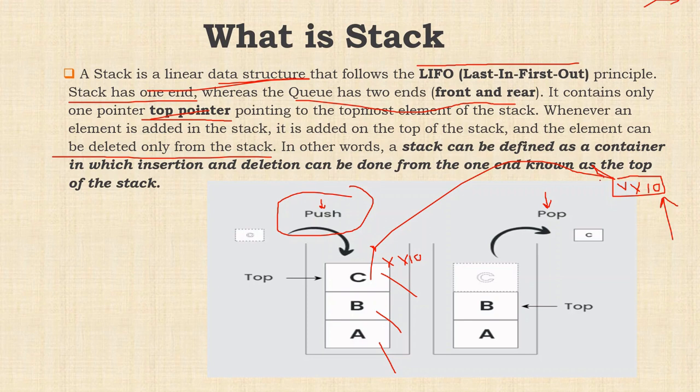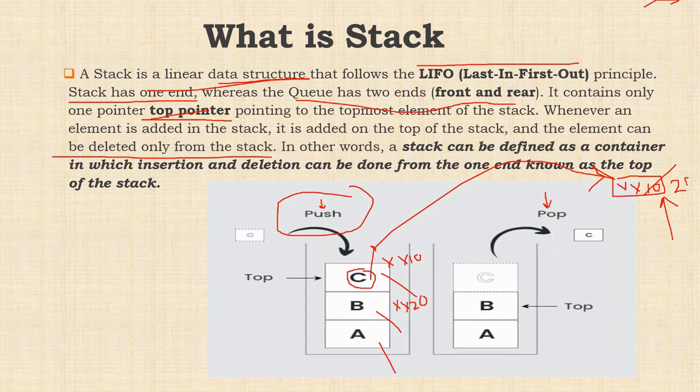If you delete this c, then what will happen? The address of b, which is xx20, will be stored at top. So if the address of b is xx20, then xx20 will be stored here. So 10 will be removed and 20 will be stored here.